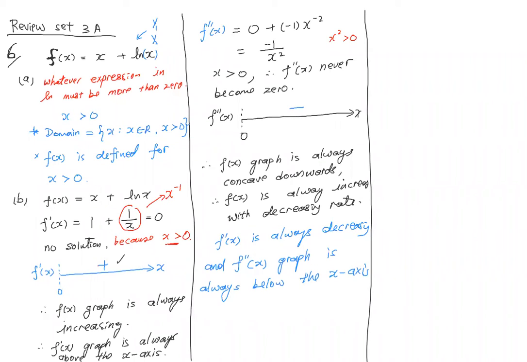So now based on these facts, do you know how to sketch the graph of y equal to f(x)? And one more fact that we have to remember here. So 3 facts combined together. So for part C, I will draw.